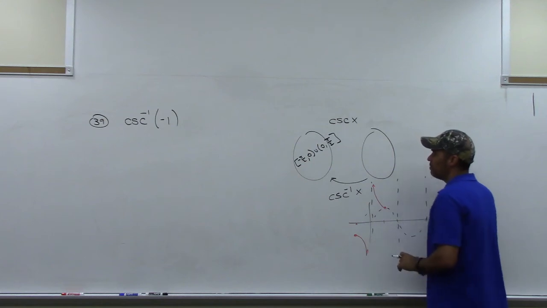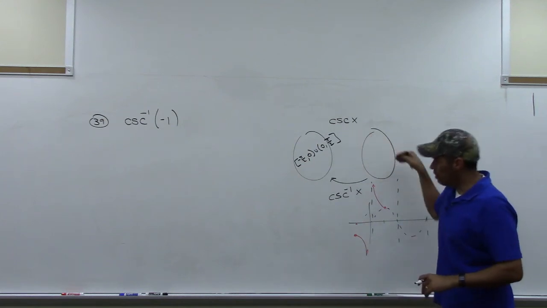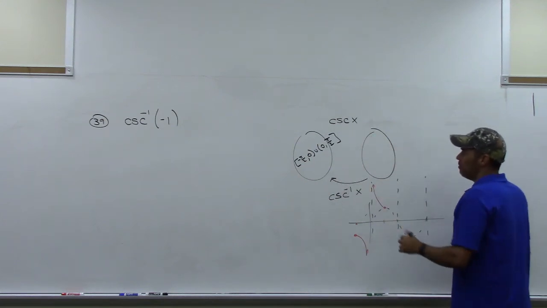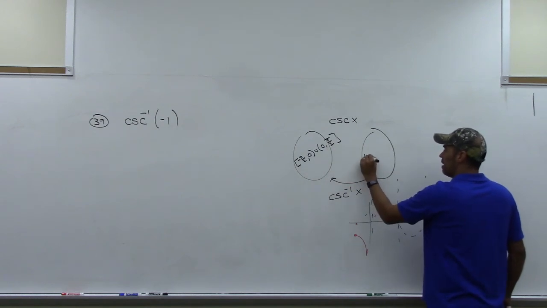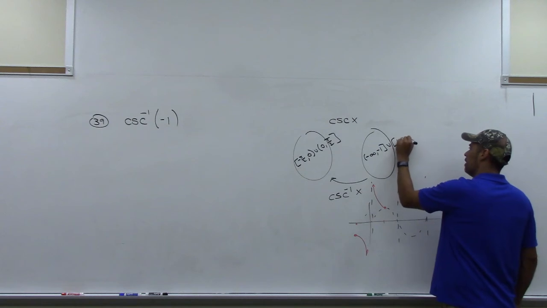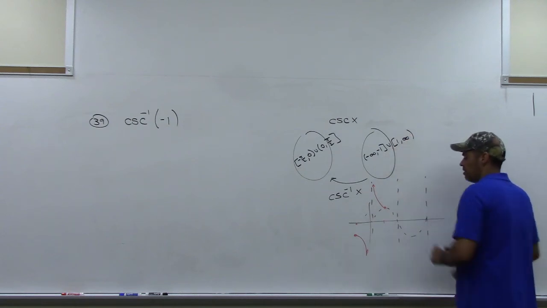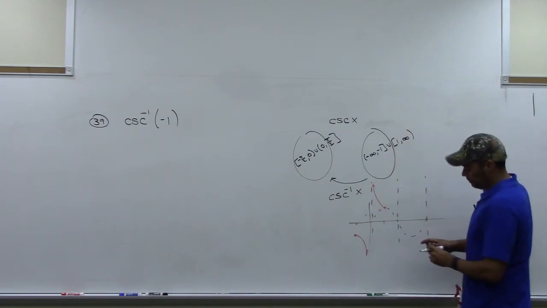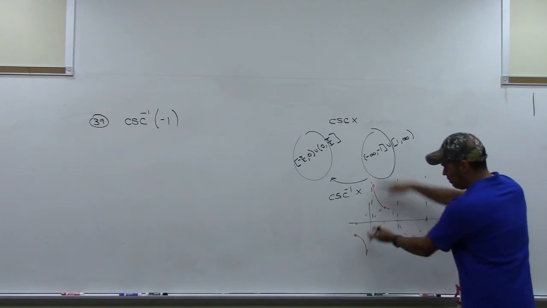So that was the domain restriction on cosecant in order to define an inverse. And then what comes out of this was negative infinity to negative 1 union 1 to infinity. Okay, so that's the output, the y values.